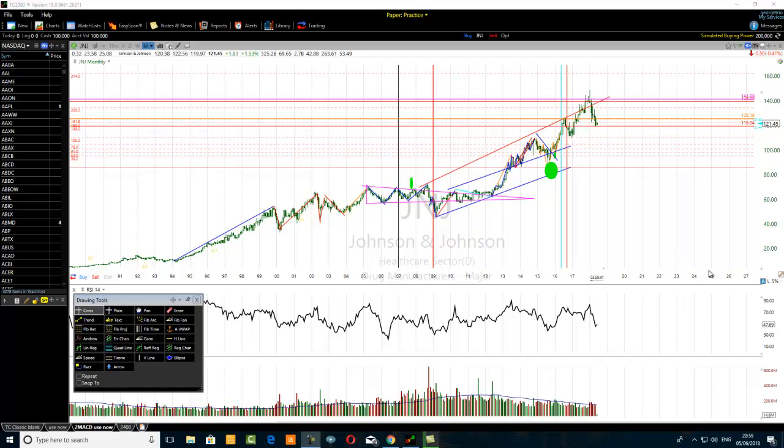The ABCDE wave is a corrective wave, so it is correcting an impulse wave. The best place to find the valid ABCDE is during the fourth Elliott wave.